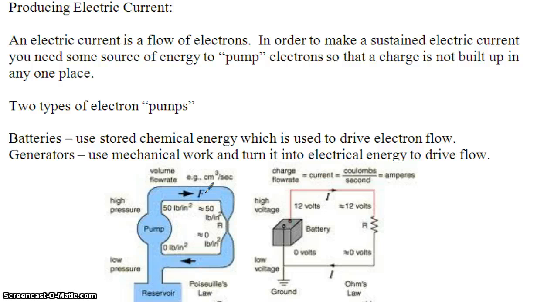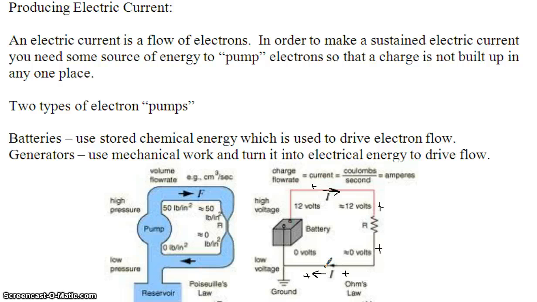Now, it should be noted at this point that when we talk about current flow in a battery, as physicists, we talk about positive charges flowing in the circuit from the positive side of the battery to the negative side of the battery, and that is conventional current flow. This direction of conventional current flow is based on the direction a compass would rotate when put next to the wires, and we can take a look at that.